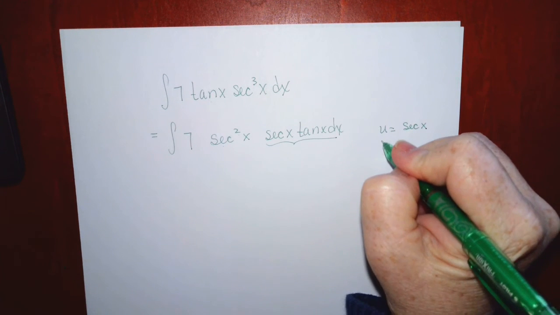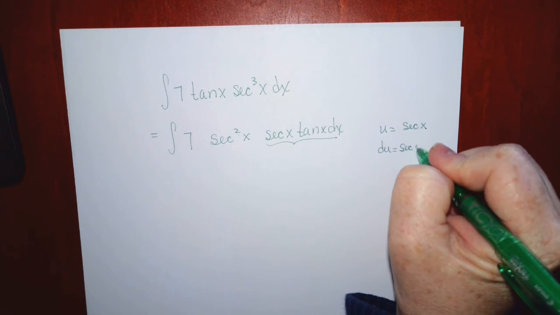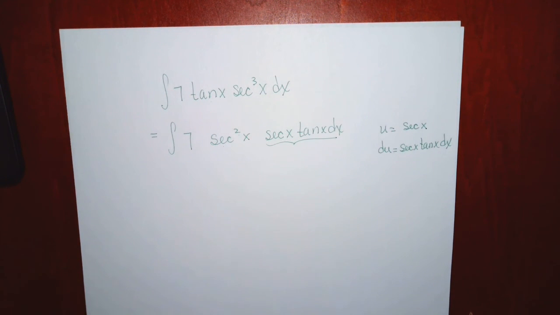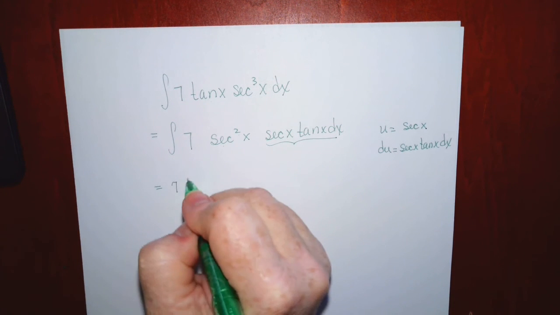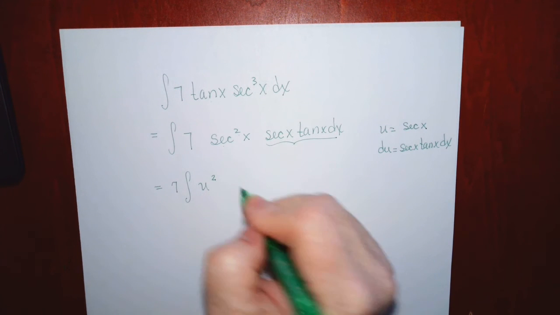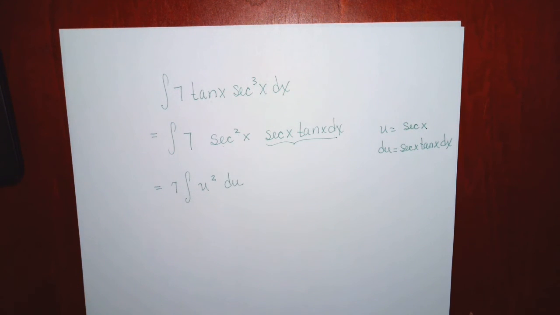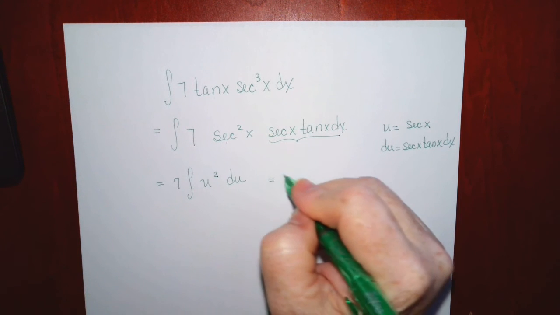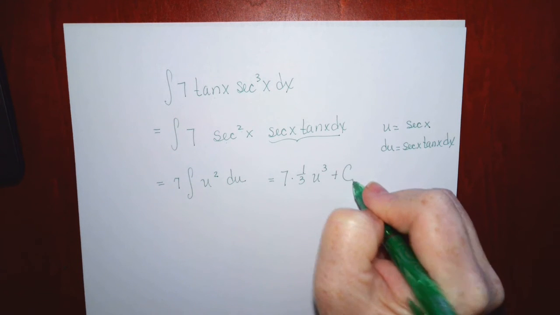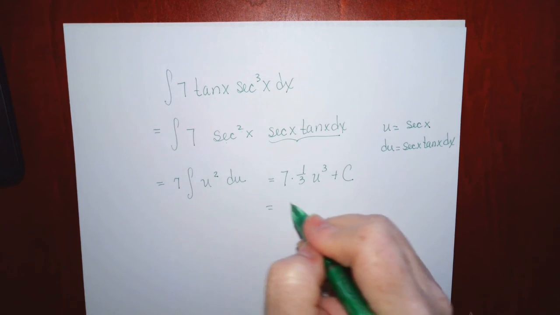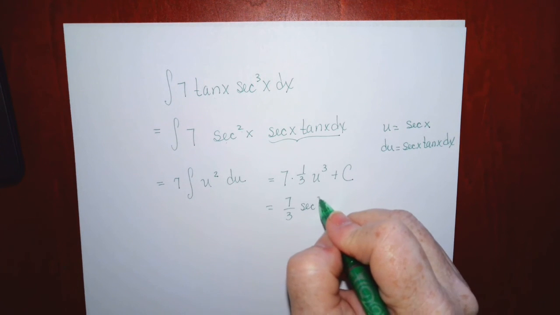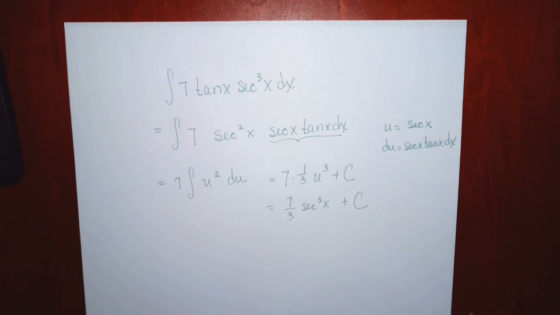So if u is secant, du is secant x tangent x dx. And so that would be 7 times the integral of u squared du, or 7 times 1/3 u cubed plus c, or 7/3 u to the third, which would be secant to the third plus c.